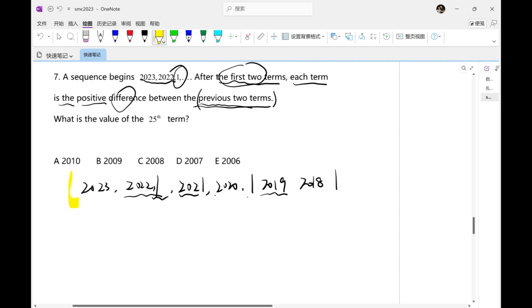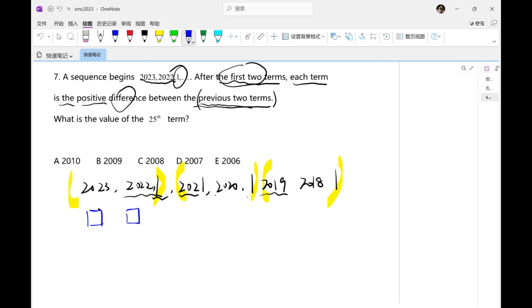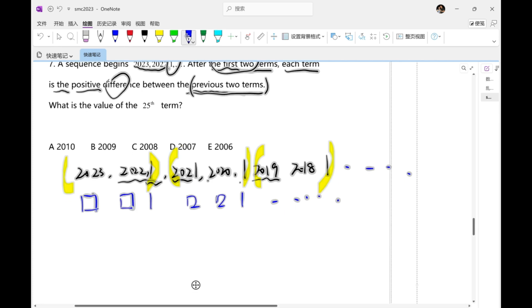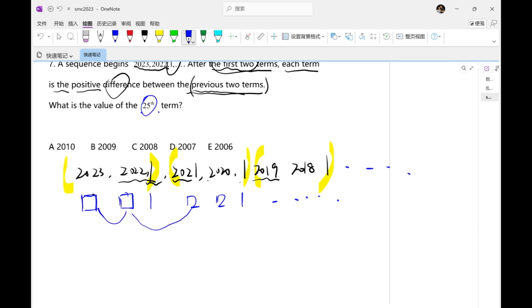Every 3 terms form a group, and each group has the same pattern. That is 2023 and its score, 1, 1, and the same. It asks us for the 25th term. For the first terms of the groups, they are consecutive integers.